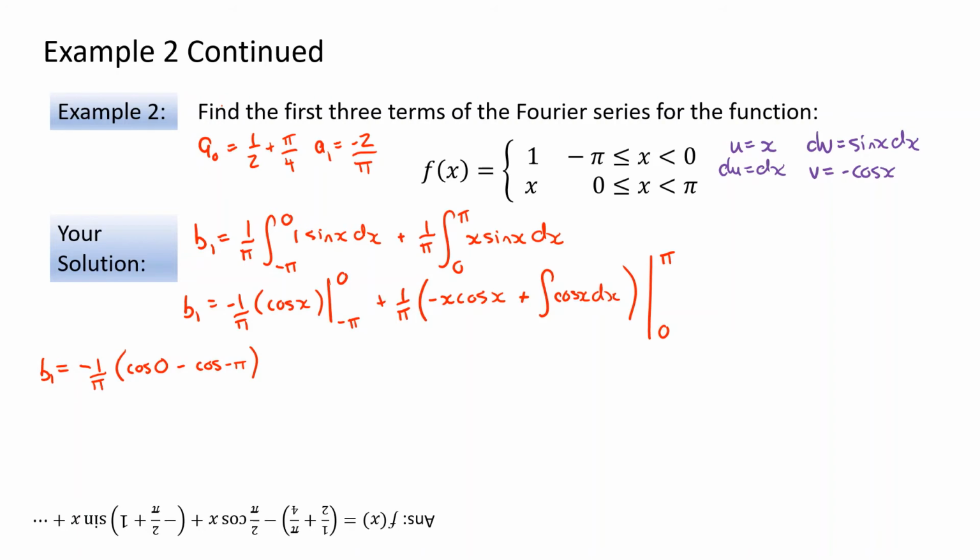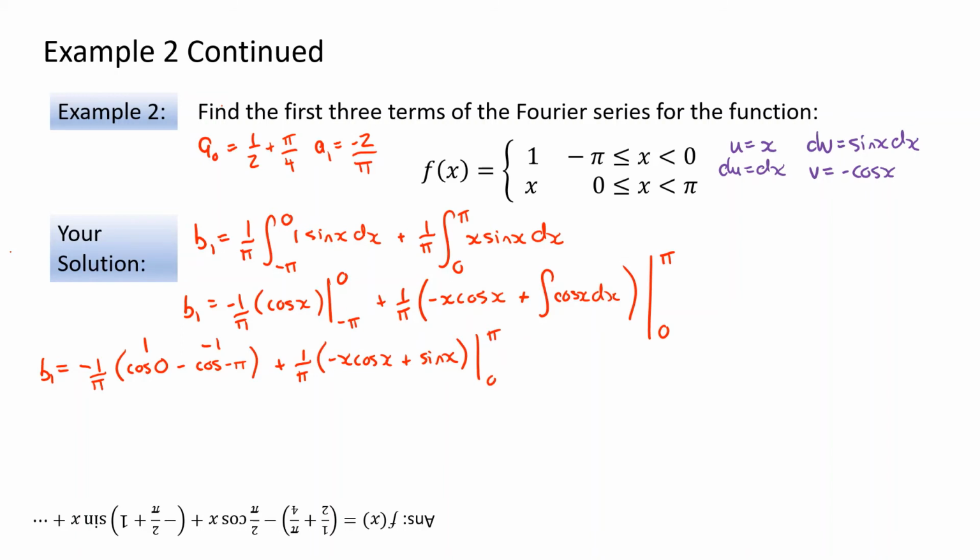Remember, cosine of 0 is 1. Cosine of negative pi is negative 1. We'll use those numbers in a second. Plus 1 over pi times negative x cosine of x plus the integral of cosine of x, which is sine of x. And that is evaluated at pi and 0.